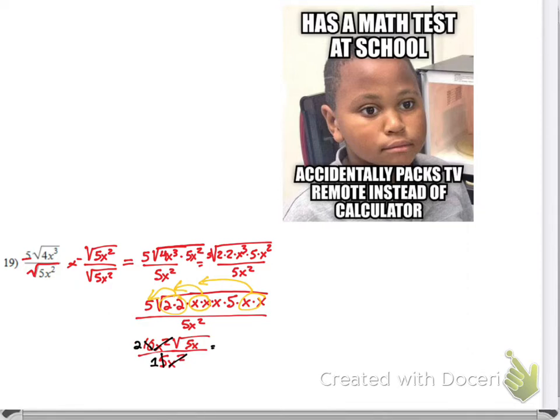So what I'm left with is 2 radical 5x over 1, which really means 2 radical 5x. And that's it. All right, so that's all I've got for now.